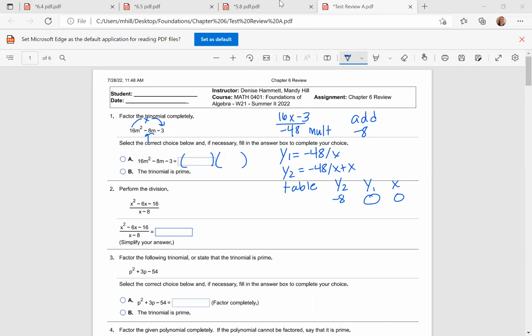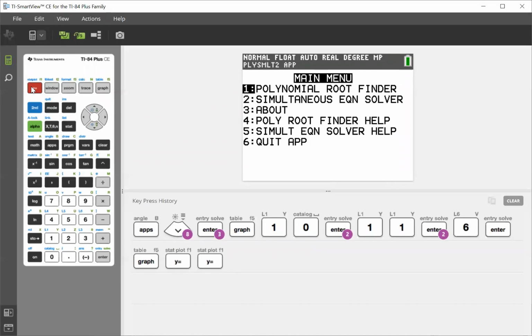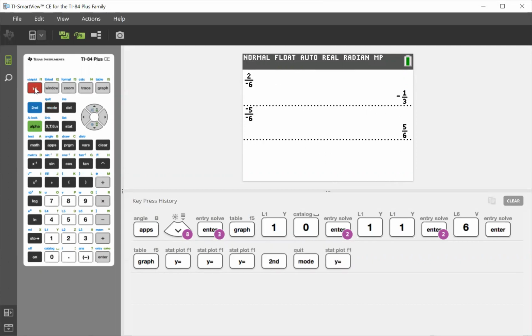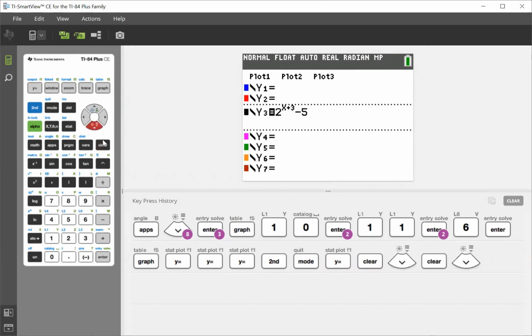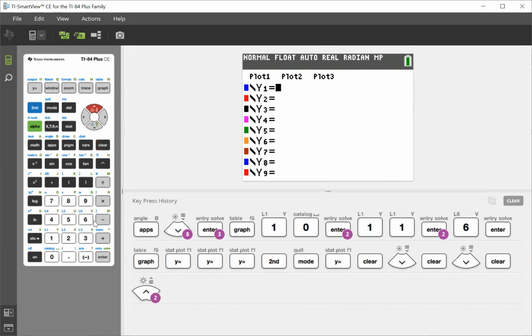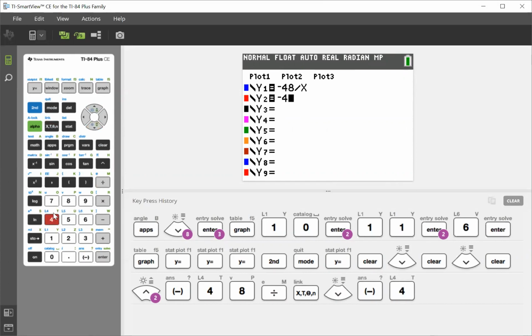So if I go to my graphing calculator, we're going to Y equals. So again, we're doing -48 divided by x, and then we're doing -48 divided by x plus x.